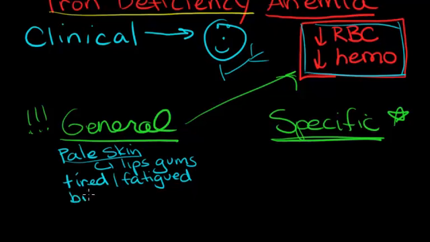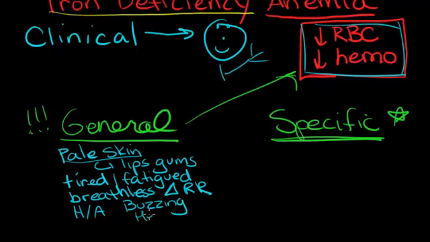You might hear them complain of breathlessness or a rapid or changed respiratory rate. They may complain of a headache, a buzzing in their head, or a fluttering in their chest. Now, why do these things happen? You can surmise that the tiredness and fatigue are because of not being able to get enough oxygen.